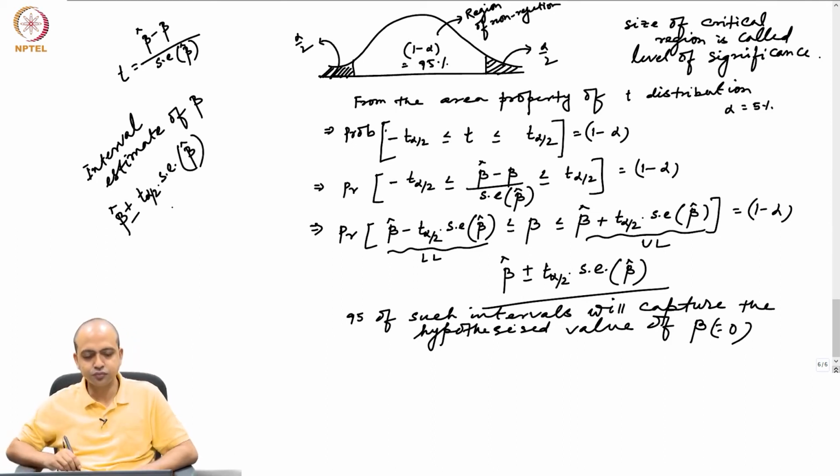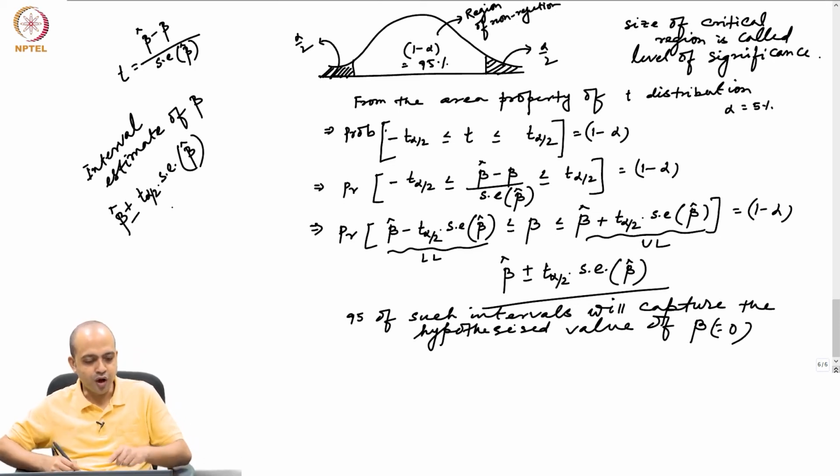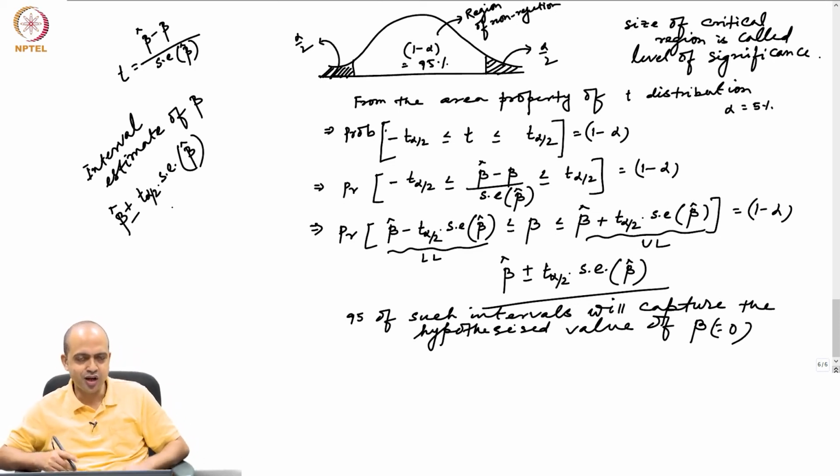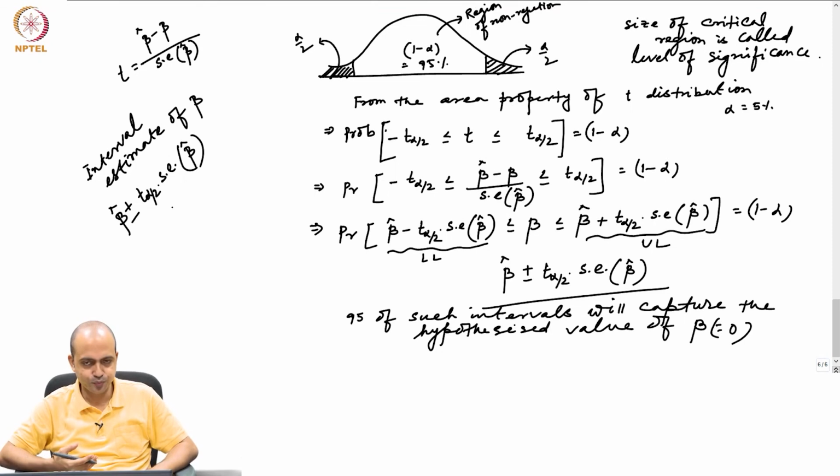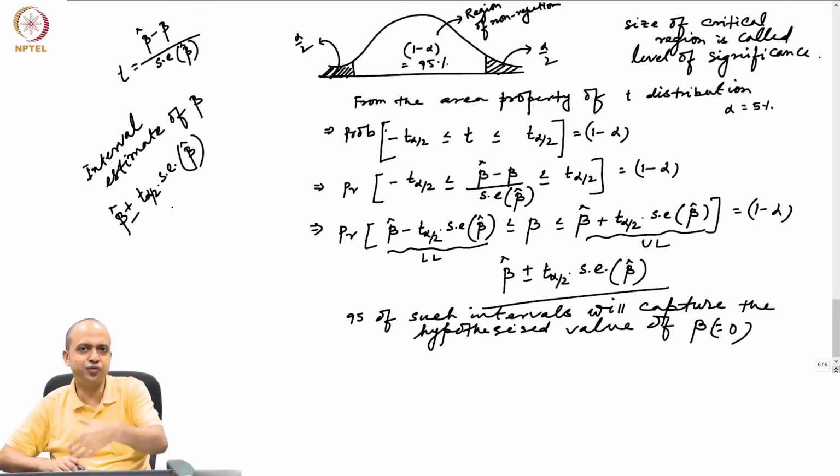So, the higher the value of the standard error, the higher would be the size of the interval, and lower would be the preciseness. If the size of the interval is much wider, then obviously that will lead to a very low level of precision.